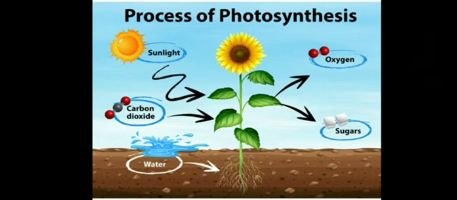It is a kind of sugar. The chemical formula is C6H12O6, meaning 6 carbon, 12 hydrogen, and 6 oxygen. In this process, oxygen gas is released as a byproduct by the plants.